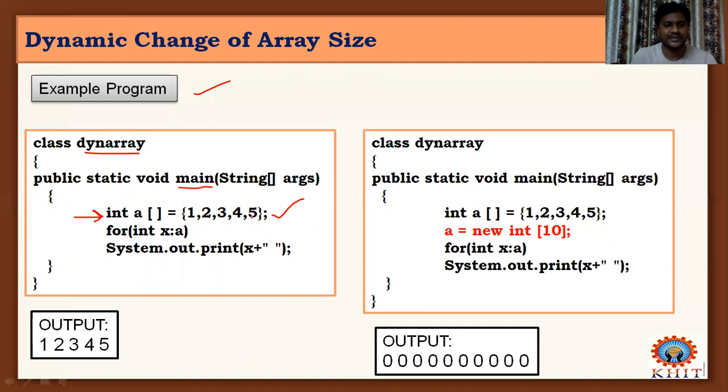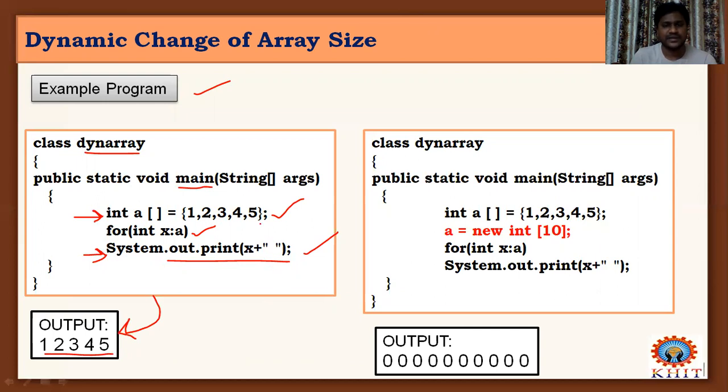So it clearly indicates that these elements are initialized to array A. And I'm simply displaying them on the screen using the System.out.println statement and a for each loop. This is a version of the for loop in Java. Here it simply displays all the elements in array A. This is the output of this program. It displays 1, 2, 3, 4, 5.